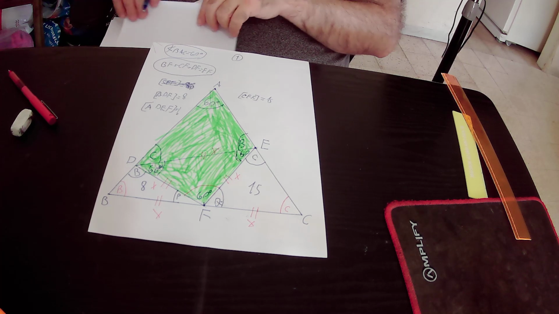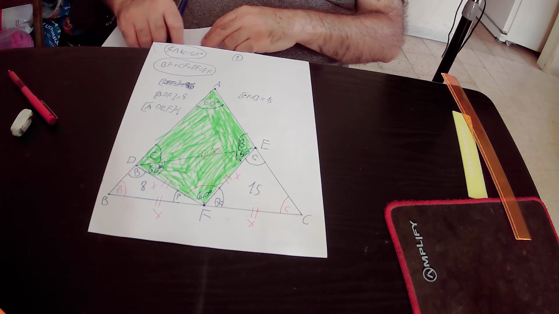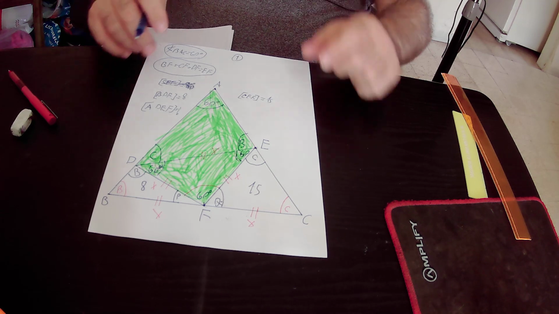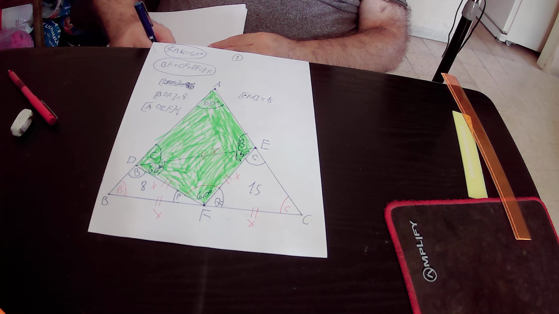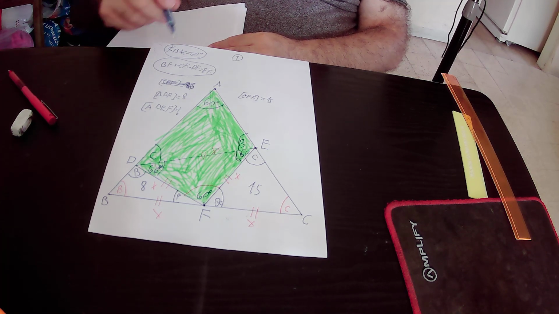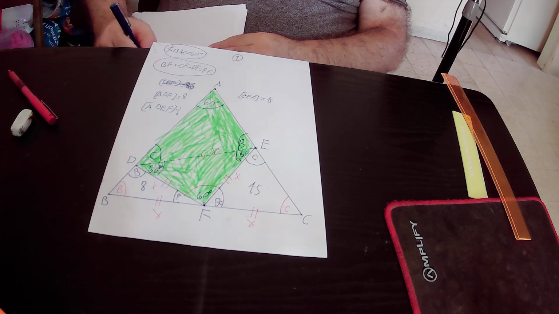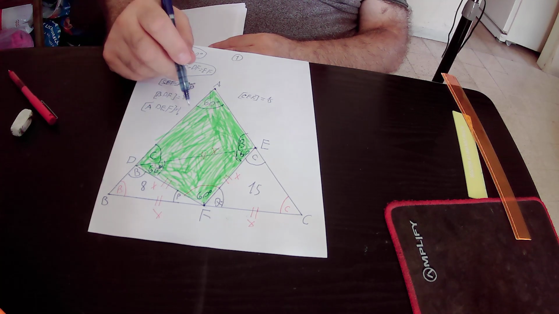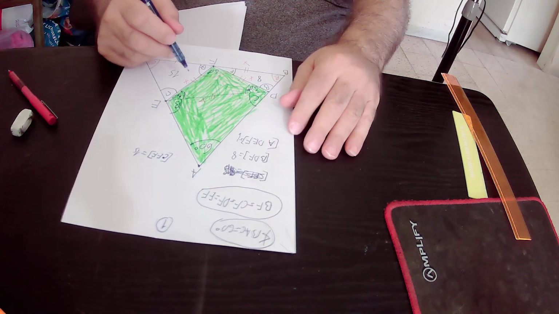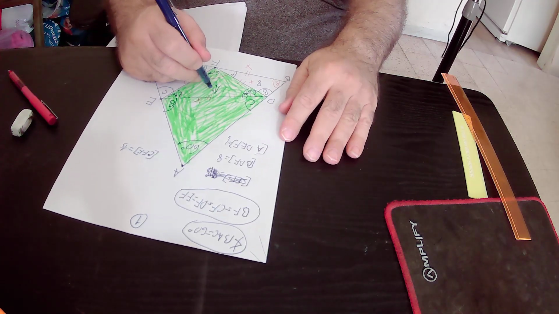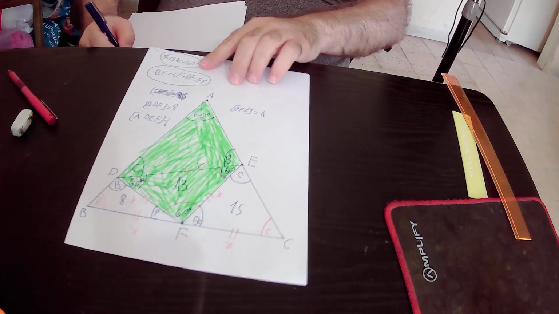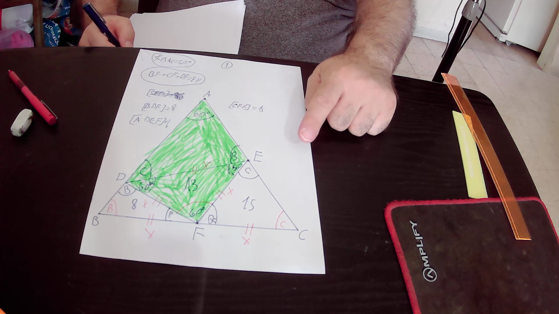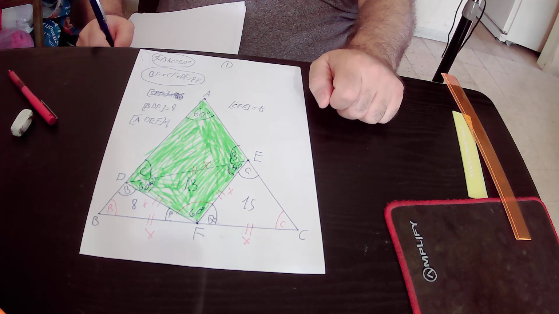So we actually can calculate the area of quadrilateral BDEF. The area of quadrilateral BDEF equals the area of the small triangle, that is 8 square units, plus the area of the equilateral triangle DEF that we already found out, that is 13 square units, plus the area of triangle EFC, that is 15 square units.